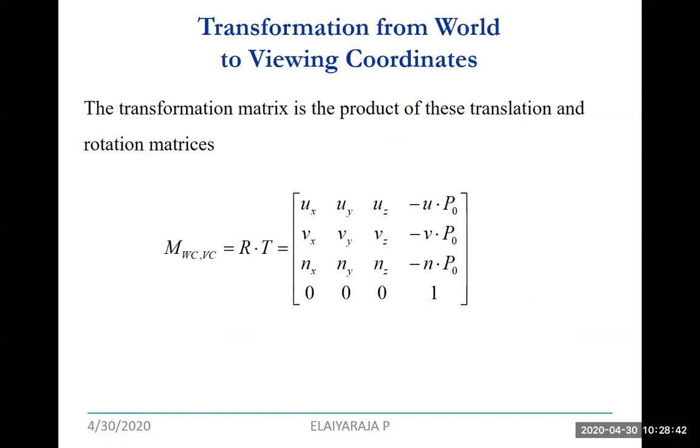The transformation from world to viewing coordinates, the value you will get like this. Here we will see a few example transformations. We already discussed your rotation as well as translation on coordinates. The same will be applicable over here.